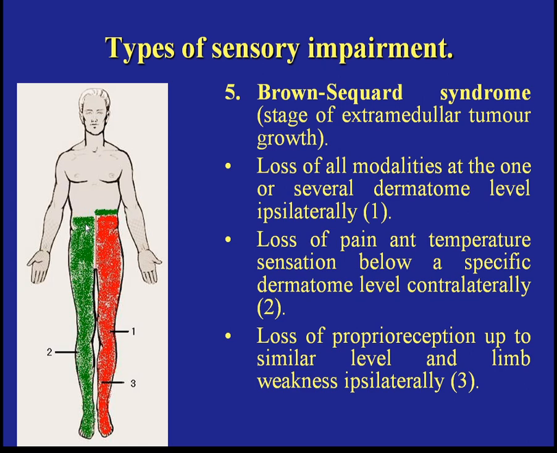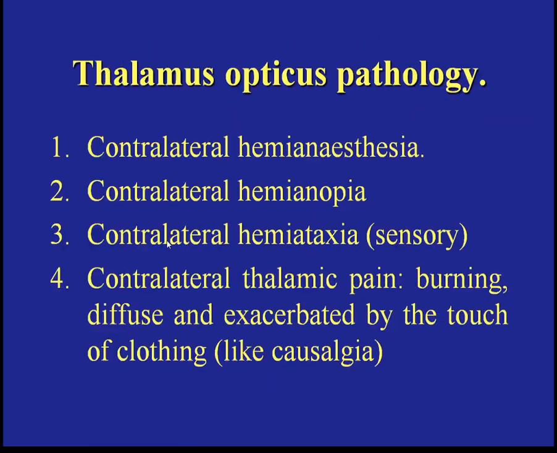So, the cross of the midline of the superficial pathways is at the level of spinal segments, and the cross of the deep sensation, Goll and Burdach pathways, is higher in the medulla oblongata. So we have a very interesting phenomenon when half of the spinal cord is affected: a dissociated type of sensation loss ipsilaterally and contralaterally.